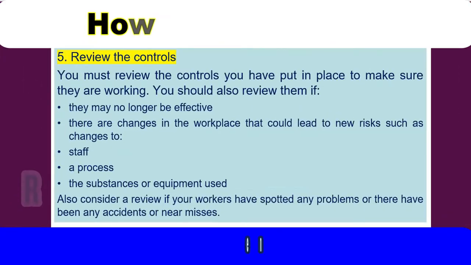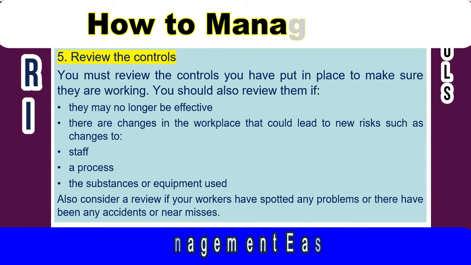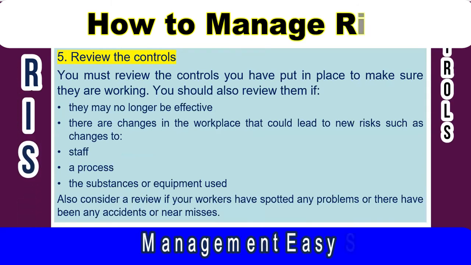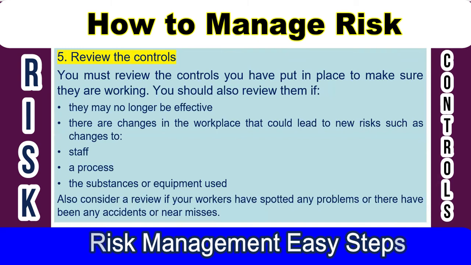In the risk management process, step number 5, review the controls. You must review the controls you have put in place to make sure they are working. You should also review them if they may no longer be effective.